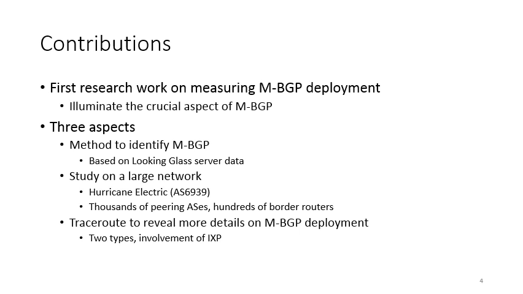This network has thousands of peering ASs and hundreds of border routers. This provides us sufficient information on its MBGP deployment. Our third contribution is that we carried out traceroute measurement to reveal more details on MBGP deployment. We have identified 2 types of MBGP deployment, and all of the cases involve IXPs.